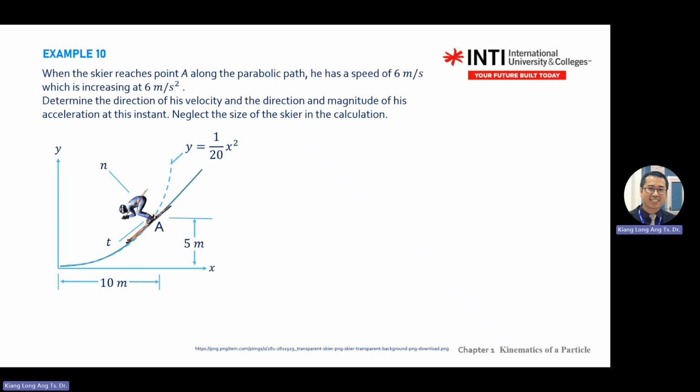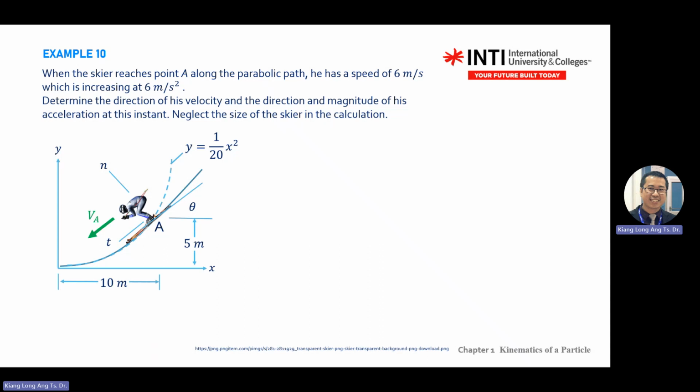Once you have N and T, the next step is to know where is your V direction. Where is the V direction? Tangent to the curve, so you just follow the T direction. You can put VT along this line, no problem, or write VA or VT also can.